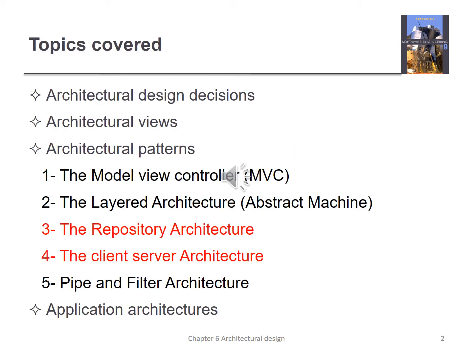Well, as we said, the topics we covered so far in the whole chapter: we talked about the architecture design decisions, the architecture views, and then we went through the patterns. In the lecture before, we covered the model view controller, which divides the system into three different parts.